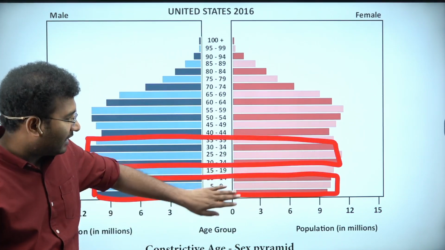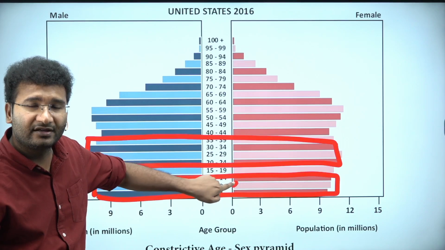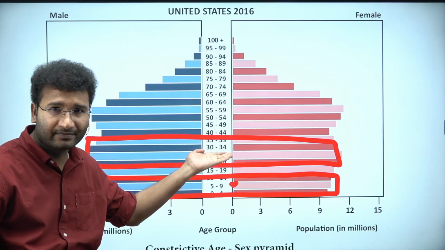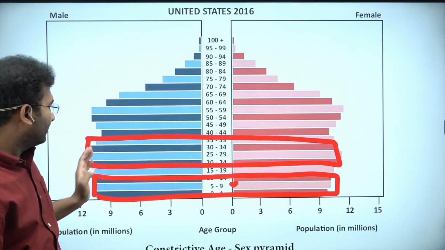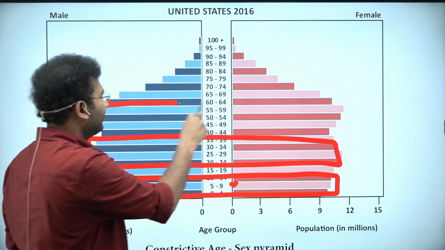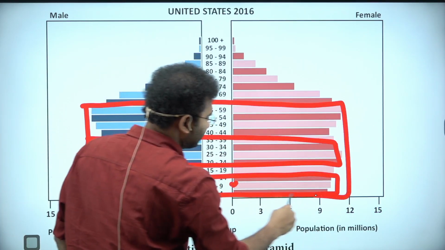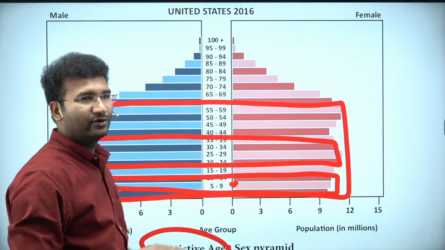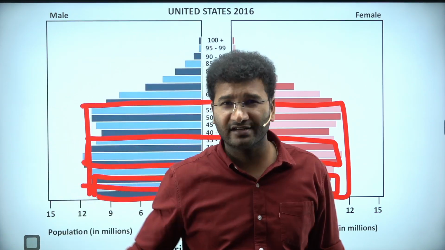After 20 years, this particular child population will reach here, and still the population will be the same. Likewise, there is a stable population that they have created. The stable population is called constructive age, meaning their population is going to be more or less stable. It will not increase much.